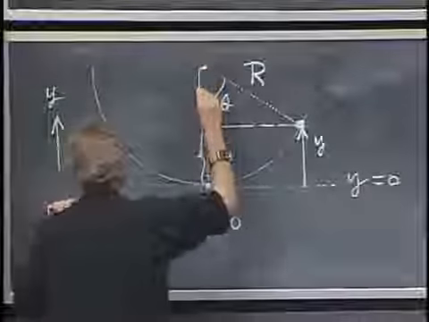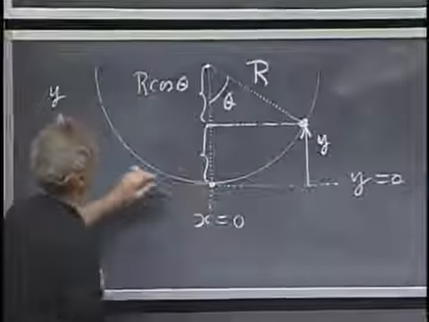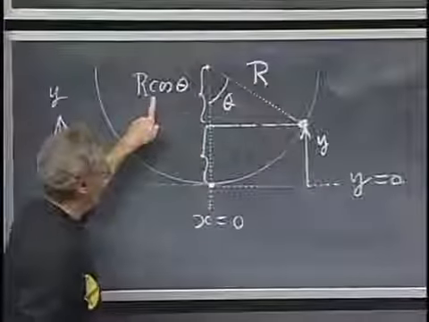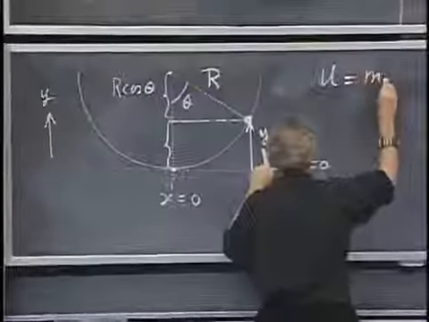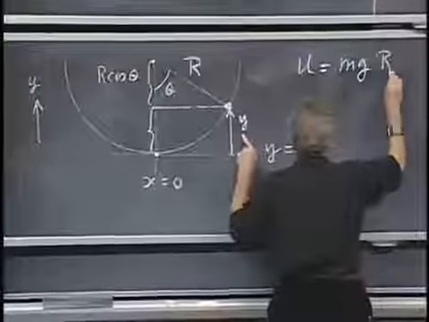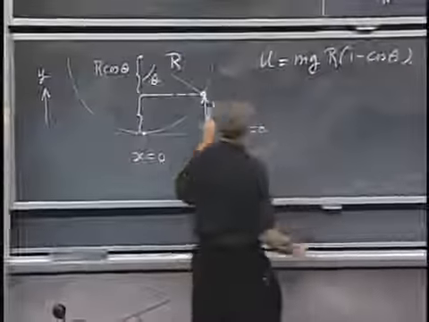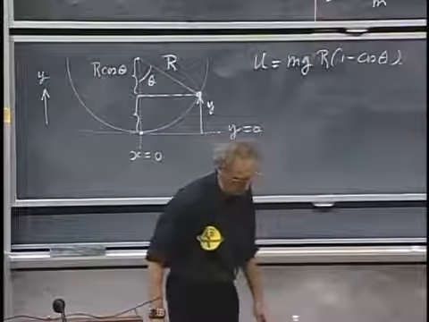This one here equals r cosine theta, and so this one is r minus r cosine theta. So the potential energy equals mg times r(1 minus cosine theta), if I choose 0 there. I'm free to change that, but that's, of course, a logical thing to do here.